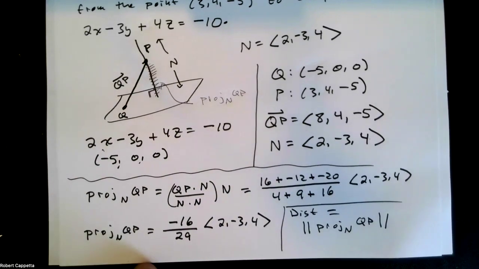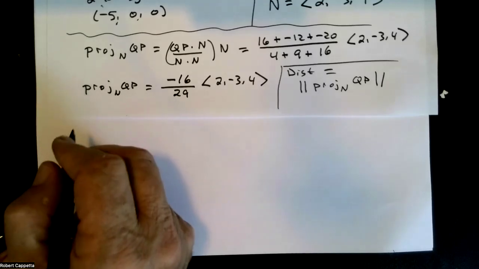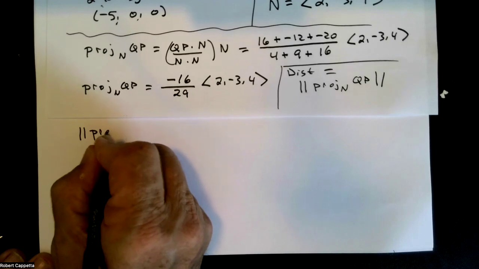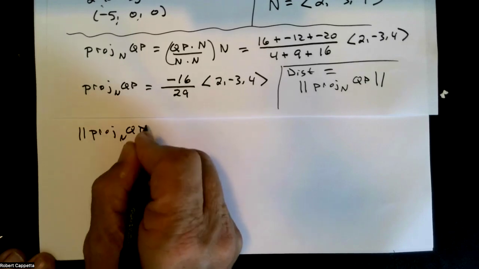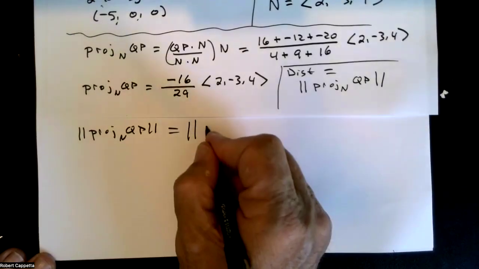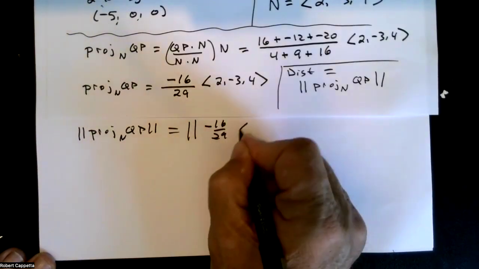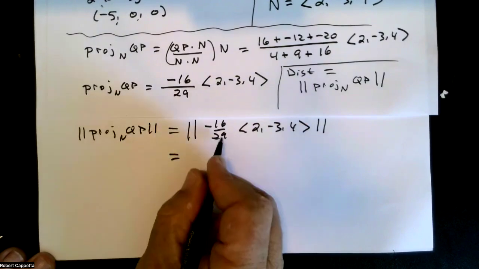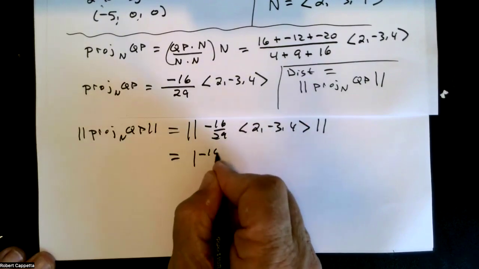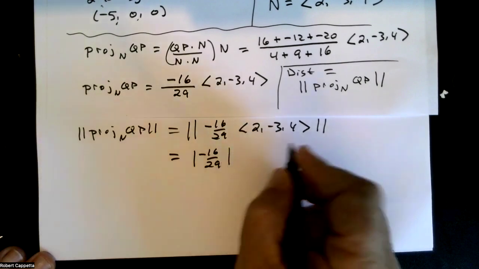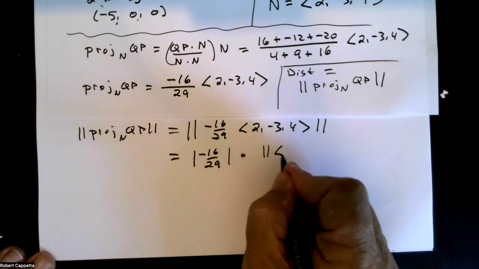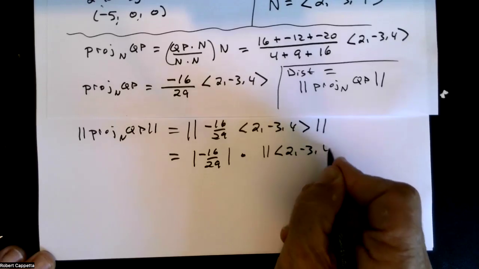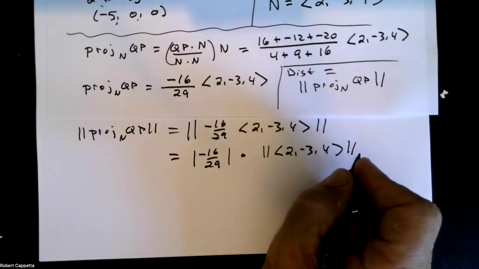So we have the projection of QP onto n. How do I find its magnitude? Let's go ahead and do that. So the magnitude of that projection is the magnitude of all of this stuff. So we can pull this out as the absolute value of negative 16 over 29 times the magnitude of 2, negative 3, 4.